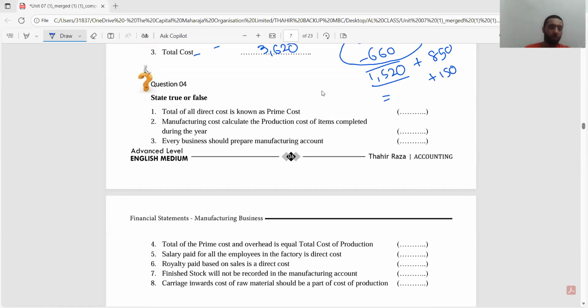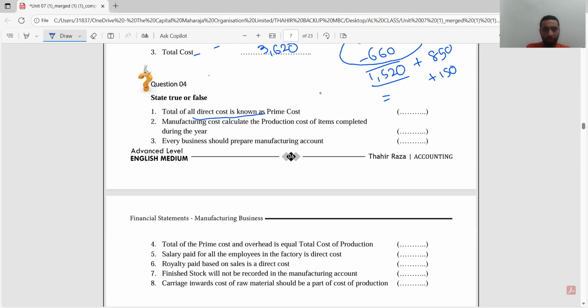Right. Total of all direct cost is known as what? Total of all direct cost is known as what? Is known as prime cost. Is this correct? Total of all direct cost is known as prime cost. Is it right or wrong?